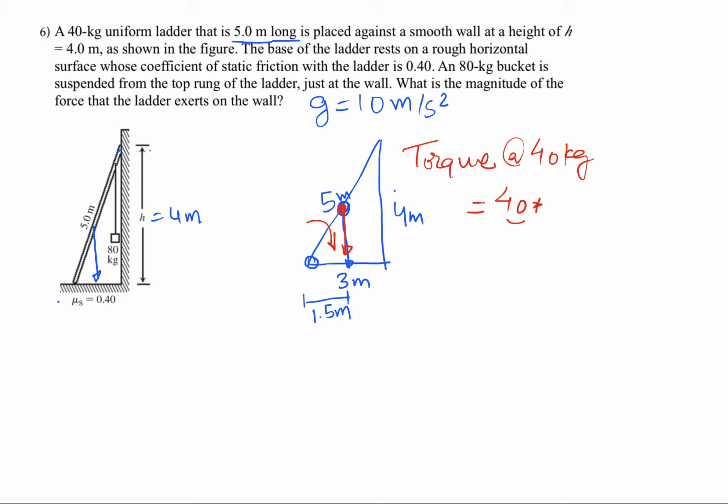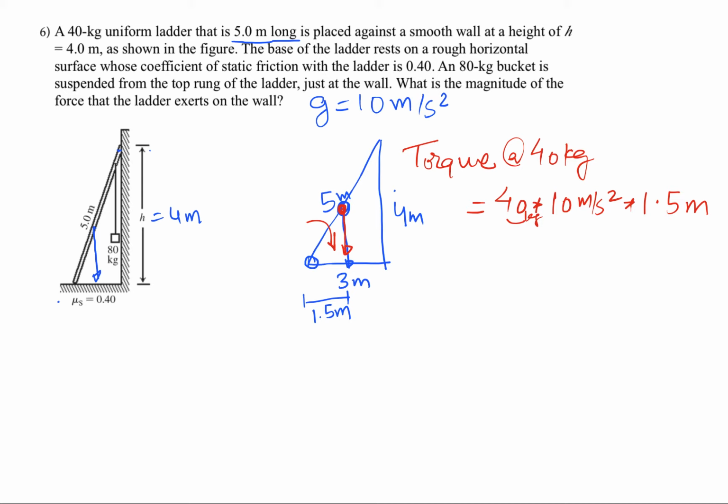This is mass, and there is acceleration due to gravity. I'm taking 10 meter per second square. So 40 kilogram times 10 meter per second square times the distance over here, which is 1.5 meters. So that is the torque because of the weight of the ladder. So that is clockwise torque.